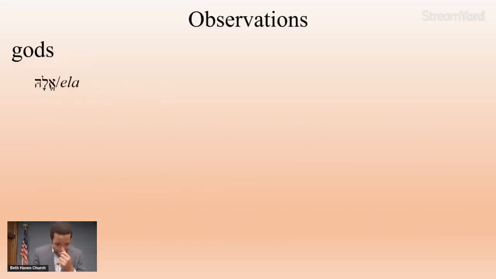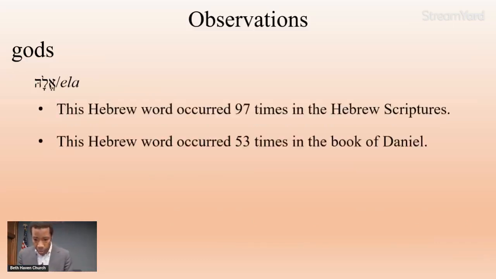The word gods here in this text is the Aramaic word elah. It occurs 53 times in the book of Daniel alone, from chapter 2 all the way to chapter 7. It is translated gods or God, again, referring to a deity of some type.